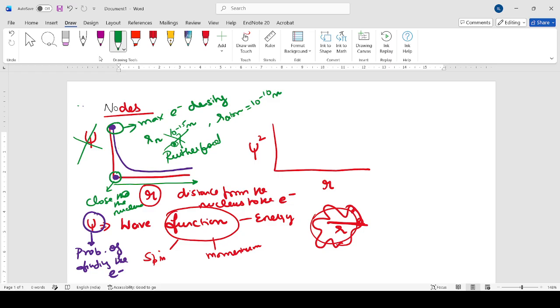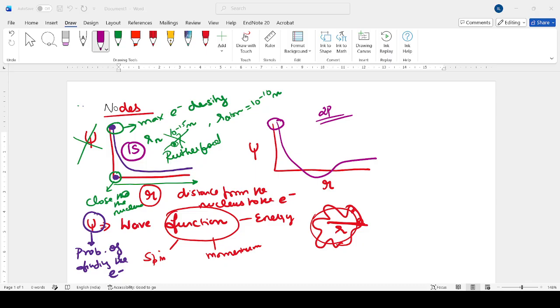The graph was drawn for the 1s orbital. They were trying to draw that. Okay. When they tried to draw the same graph for 2p orbitals, they found like this. What did they find? The first mistake is it was close to the nucleus.